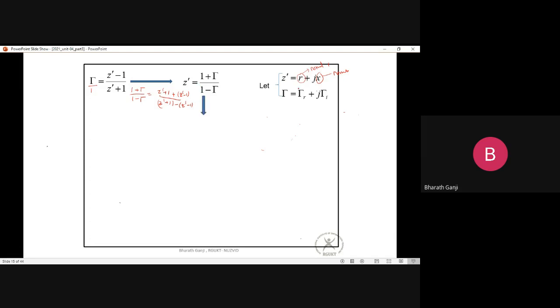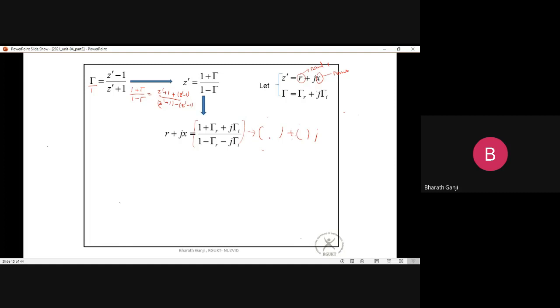If I substitute the value of z and reflection coefficient there, I get an equation like this: r plus jx is equal to (1 plus tau r plus j tau i) by (1 minus tau r minus j tau i). Applying algebra and complex number techniques, I can bring it into the form of something plus something times j, as it is overall a complex number.